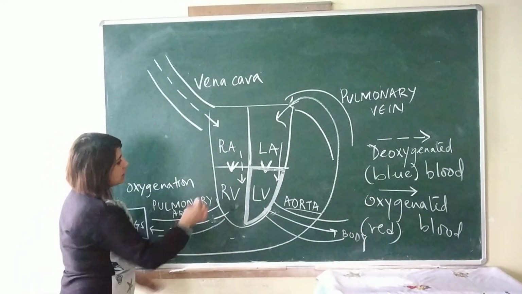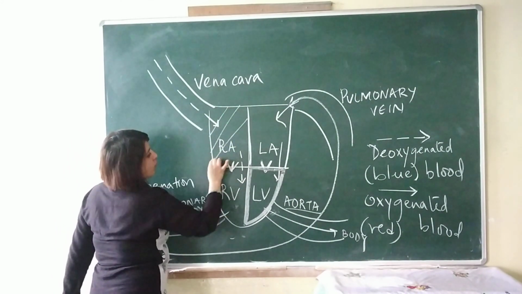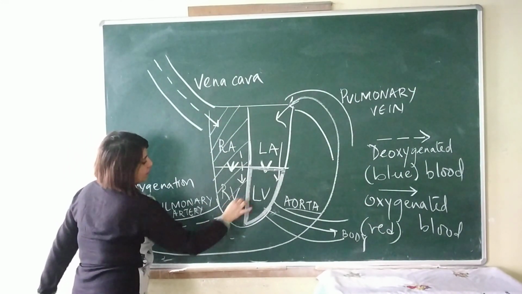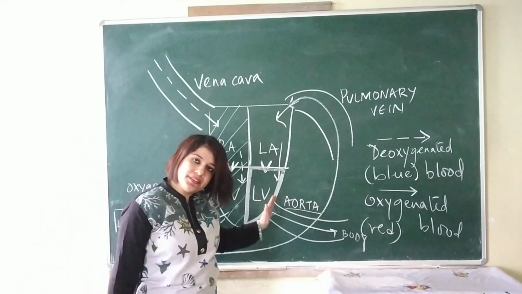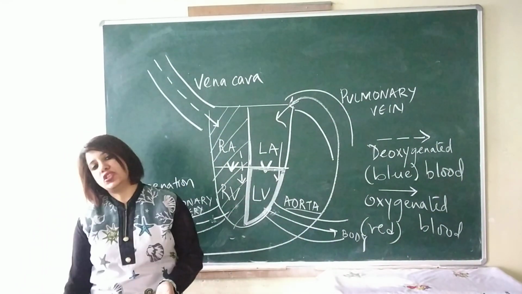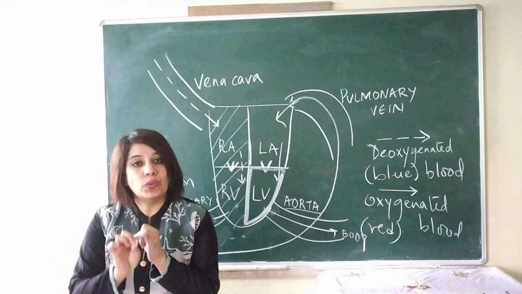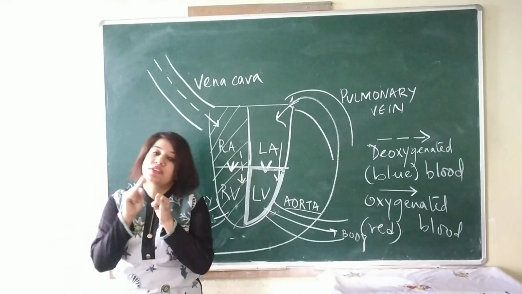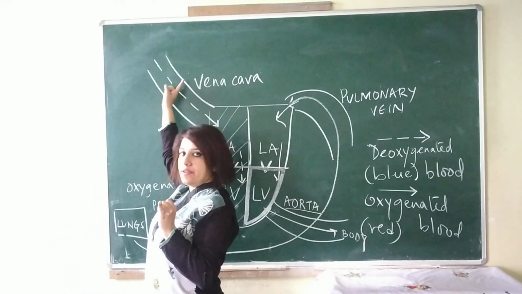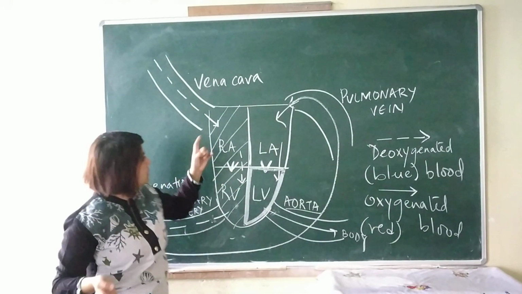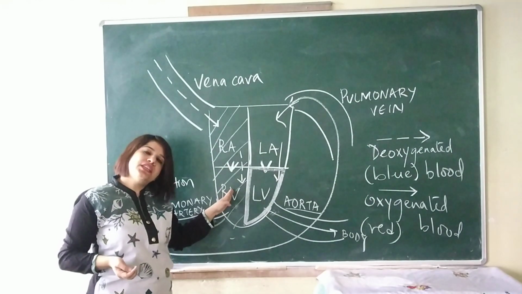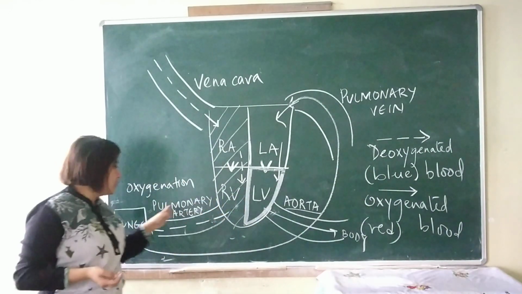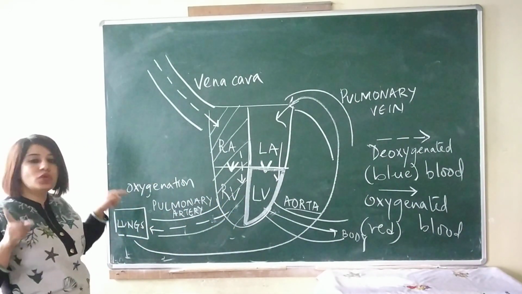So if you see, the right side of your heart has deoxygenated blood and the left side has oxygenated blood. Deoxygenated blood from the different parts of the body is brought by the vena cava. Where is it brought? To the right auricle. From the right auricle it goes to the right ventricle. From the right ventricle it goes to the lungs. Why does it go to the lungs?